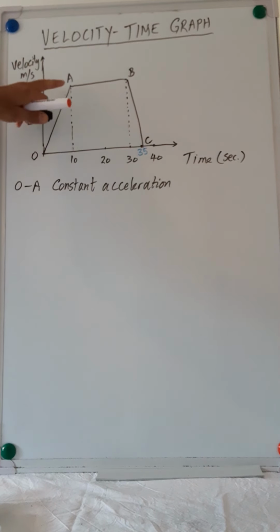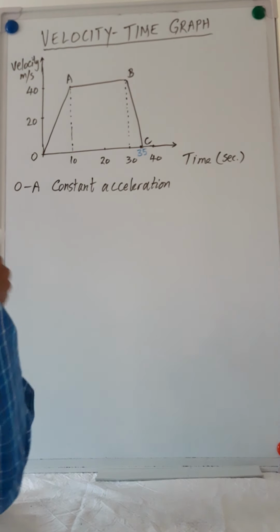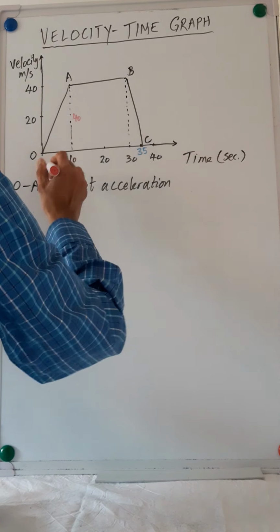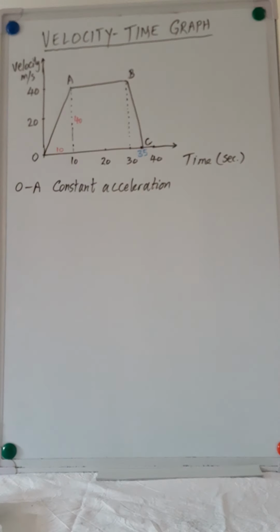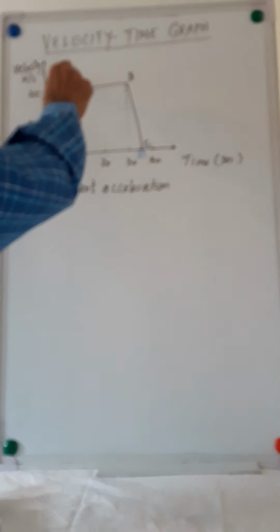Now how can we find the acceleration? The acceleration is the change in velocity, which is from 0 to 40, so the change in velocity is 40, and the time taken is 10 seconds. So this is 40 divided by 10, which is the same as taking the gradient of the graph of line OA.